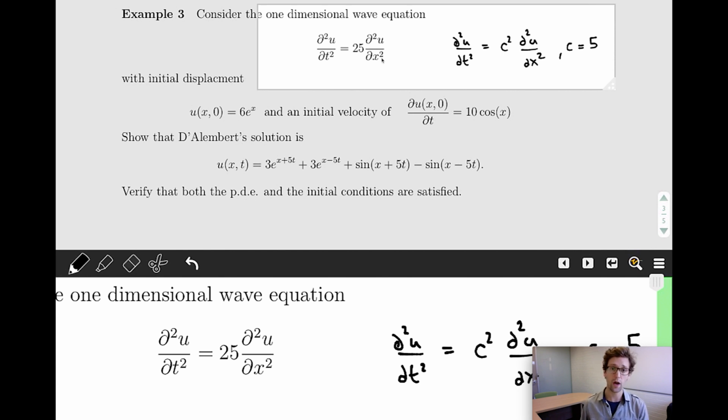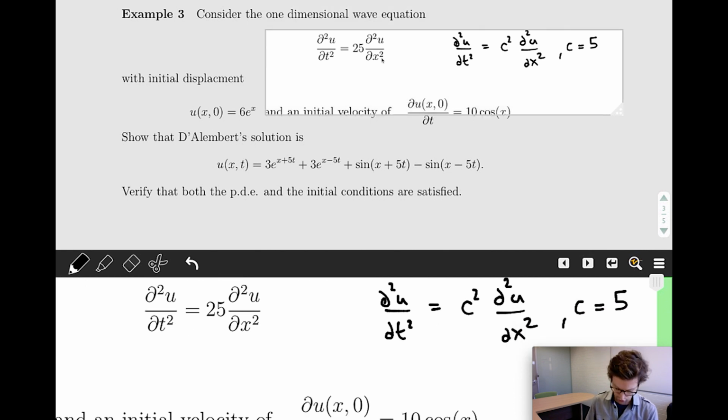It's going to describe how a wave moves along a string. So my solution, u of x and t, is going to tell me the displacement of that wave at a particular value of x and a particular value of t. If I imagine a guitar string and I pluck it, I'm going to see a wave propagating that tells me how far the string has been displaced.